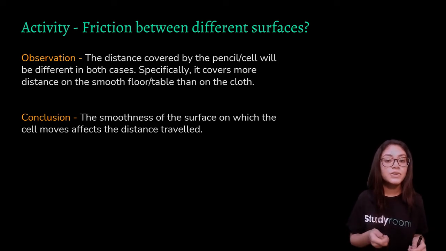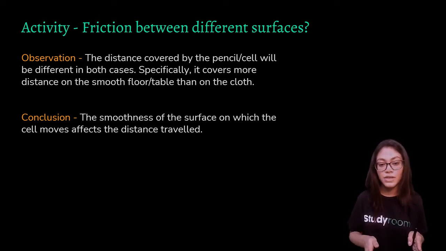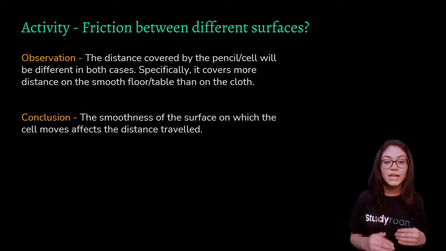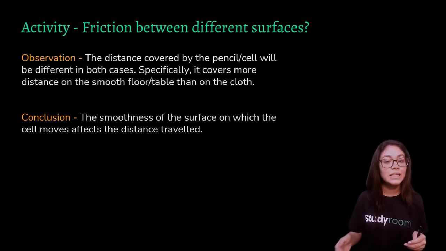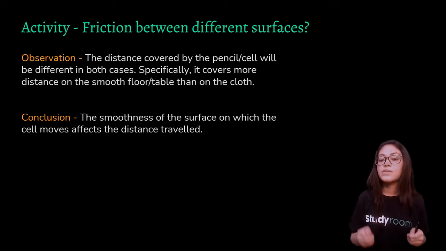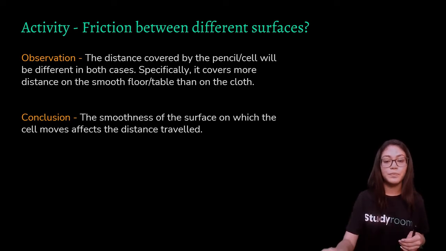That's why the distance traveled by the pen is more in the first case, because the surface was smooth. In the second case, the towel is more coarse, the unevenness increases, and that's why the distance traveled by the pen decreases. That is, the opposing force, the force of friction, increases when the experiment is performed with the towel.